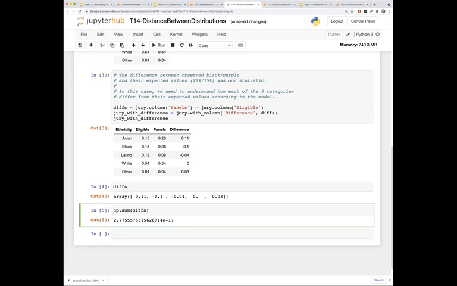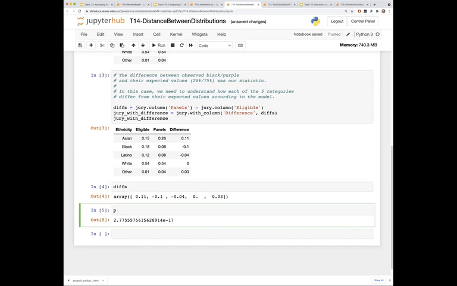What I want is the absolute value. So I actually want to pull out these columns. I want to pull out eligible and panel. So E equals, let's see, we have eligible, and then I just need the P panel from there.